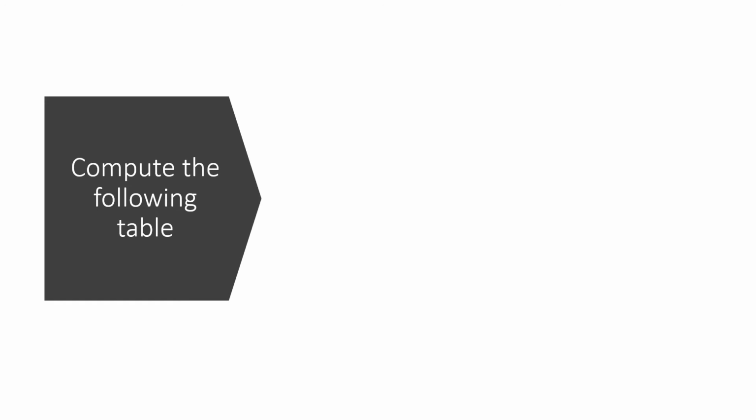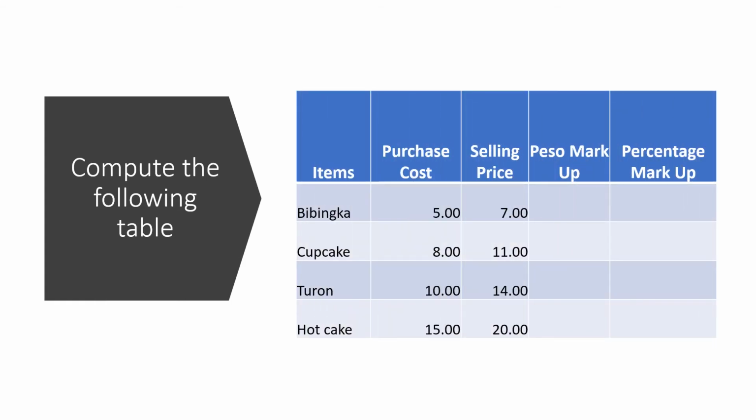Let's do some computation. Given the table here, we have items like bibingka, cupcake, turon, and hot cake. The bibingka, you purchase it for 5 pesos. Cupcake, you purchase for 8 pesos.